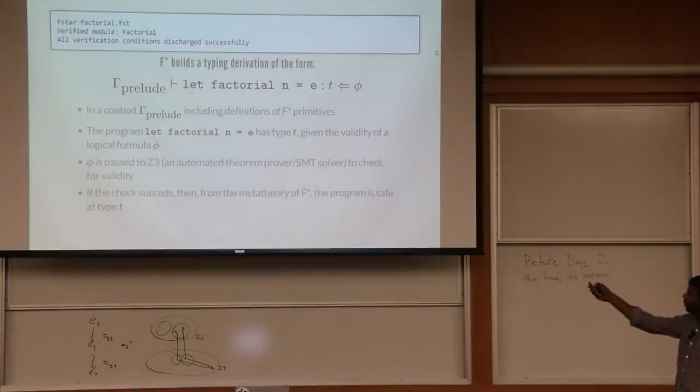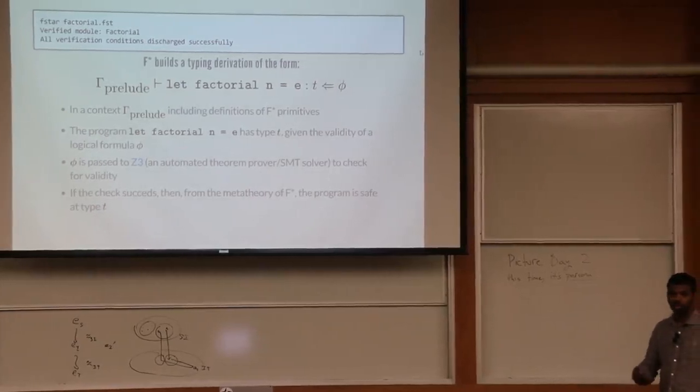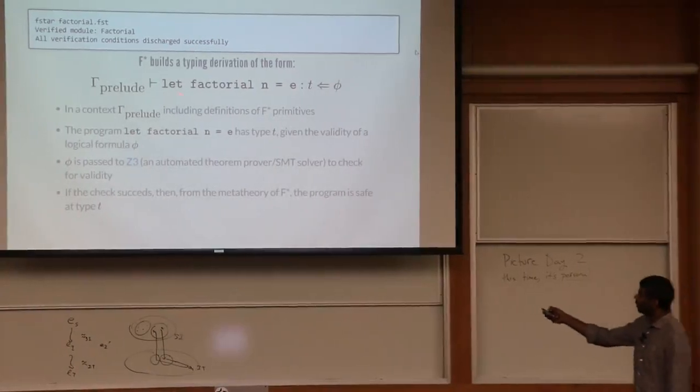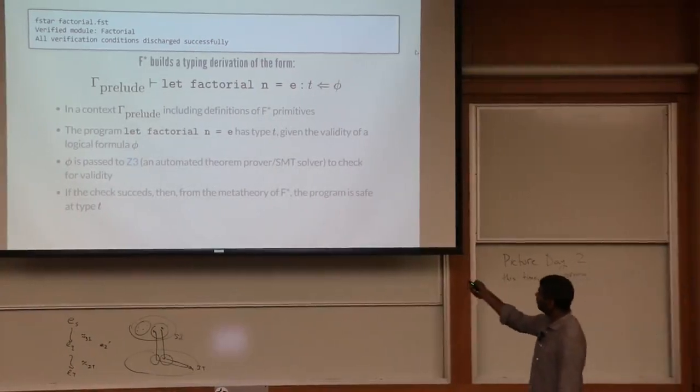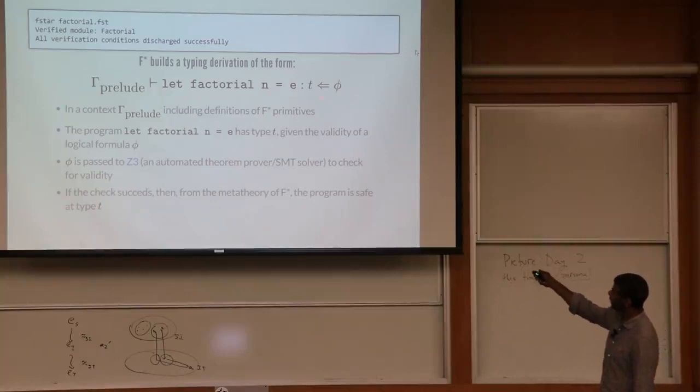So behind the scenes, with respect to an environment that gives semantics to integers, multiplication, these kinds of things, that's a primitive prelude. You write factorial, you write any term, and a claimed type for it. F* is going to build a typing derivation for it. And the shape of the typing derivations are such that they end with a verification condition, a guard.